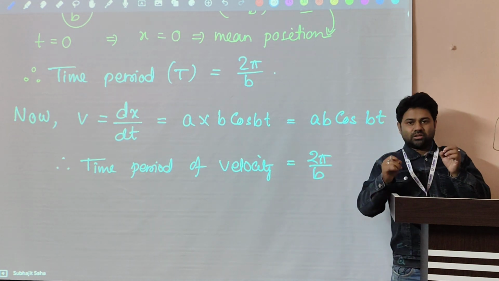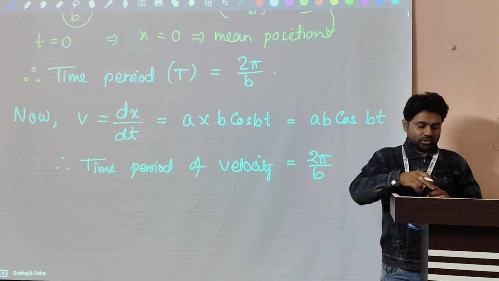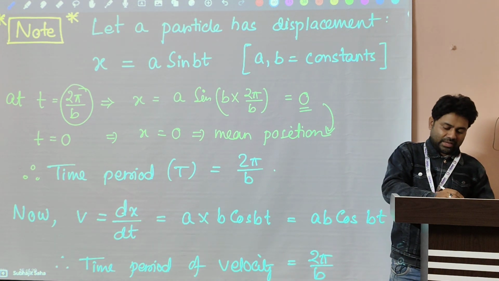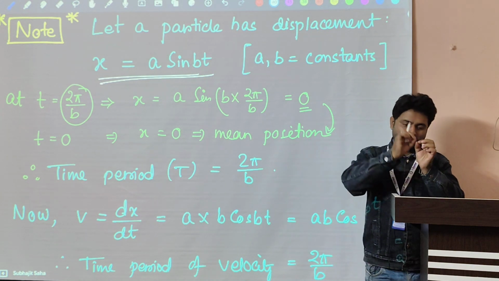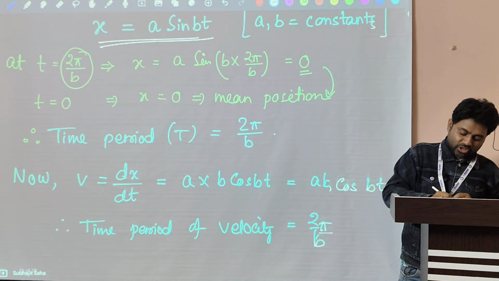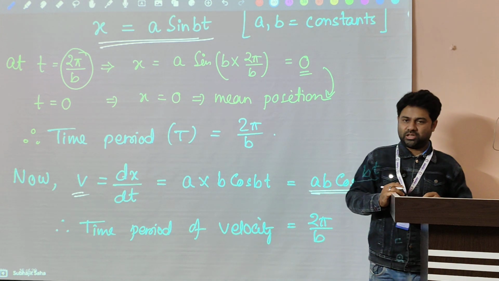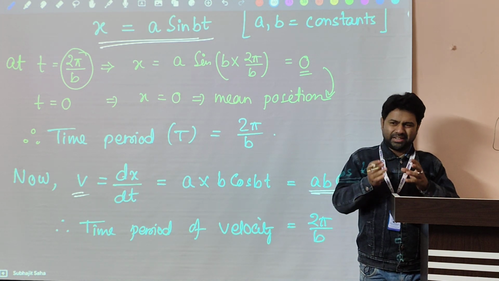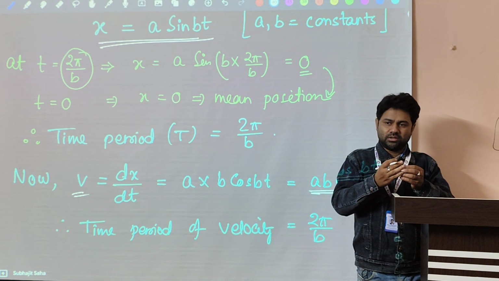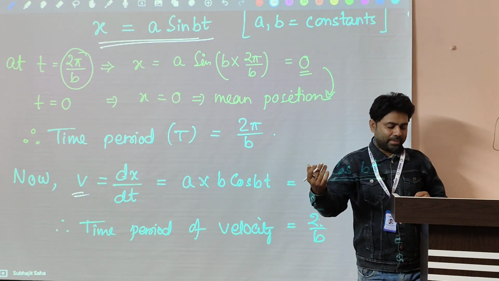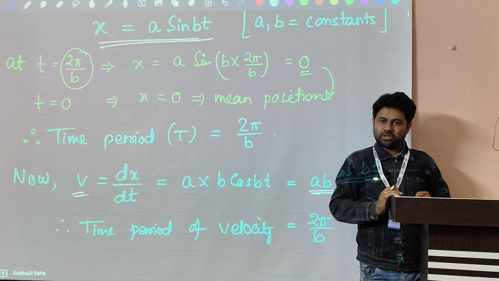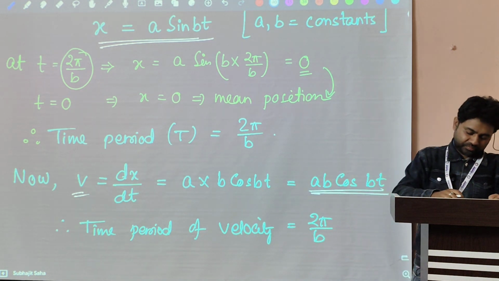After the period, the function repeats its value. The x function is a sine function. So after 2π/b time interval, the particle comes back to the original position. The v function, ab cos bt, is also periodic. So at t equal to 0, whatever its velocity, after a time interval of 2π/b the velocity would be the same. The velocity also repeats itself.